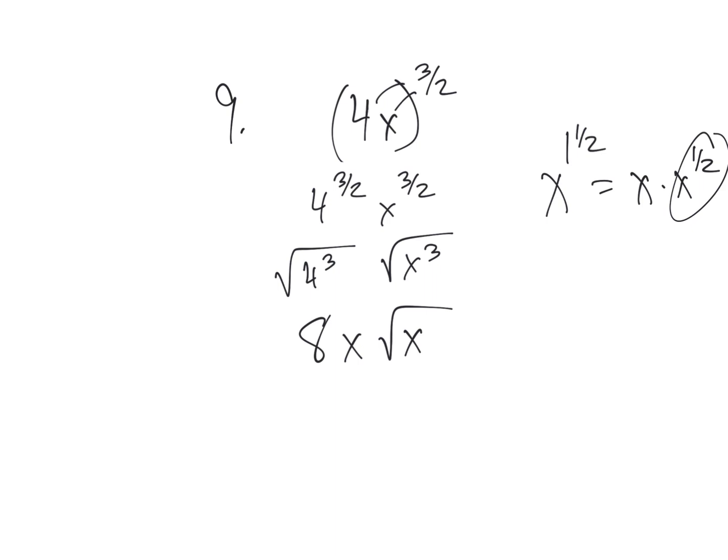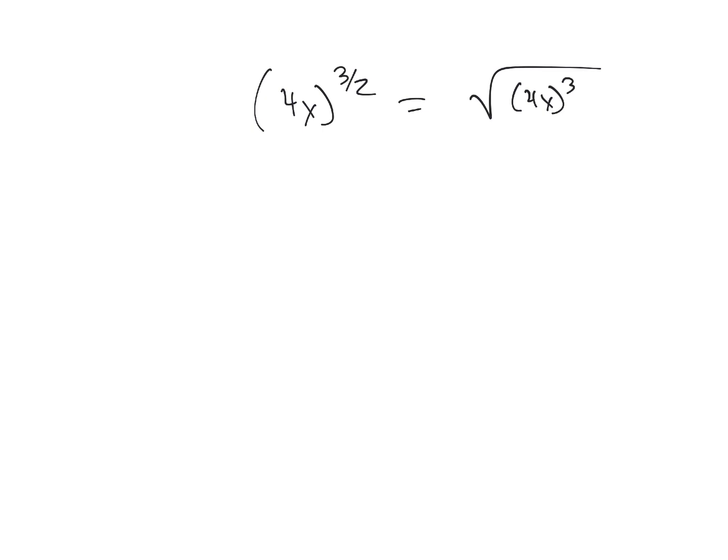Another way to look at this, I would go ahead and just say, hey, what's the square root of 4x cubed? Okay? And if you do it this way, you can go ahead and do what 4x cubed is. That'd be 64x cubed. And break it apart, and eventually it looks like the other one.